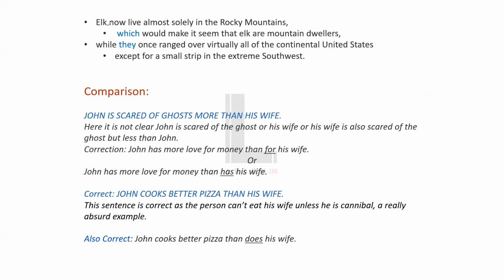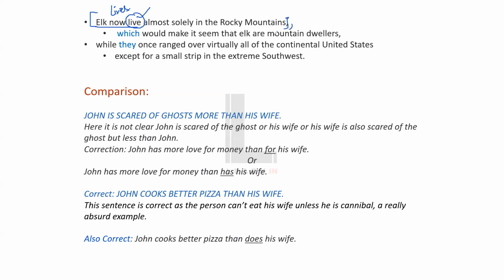Now, "elk now live". Is "live" correct? No, right? It would be "lives". So the first idea in this was "elk now live almost solely in the Rocky Mountains".